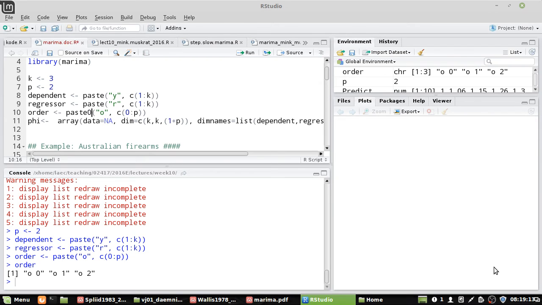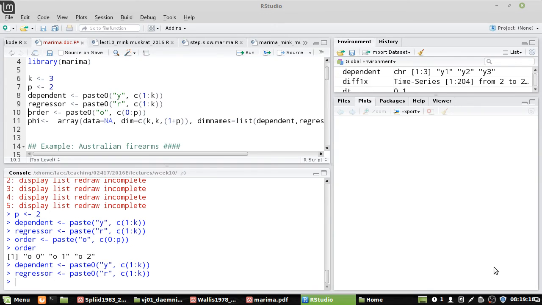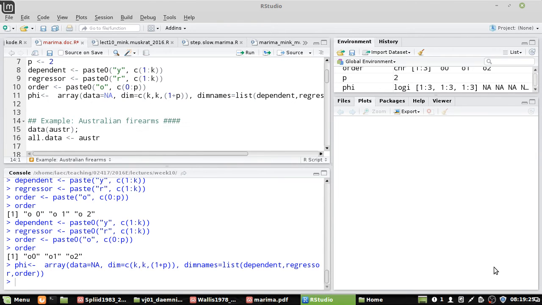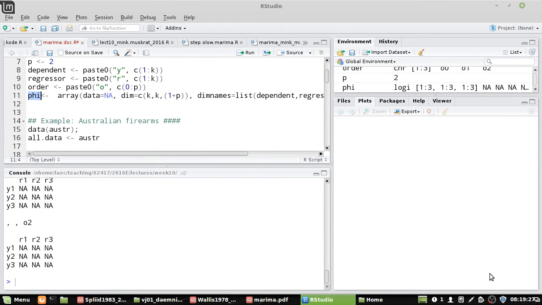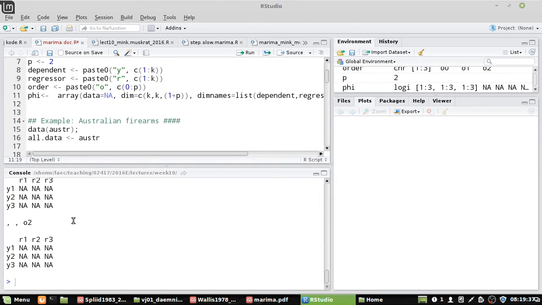It might be nicer if I add a 0 here so there's no space in between. That's the only difference. So this is the structure that we're looking at. Right now, I just fill in some NAs. So we have the identity matrix, the lag 1 coefficient and the lag 2 coefficient. I could have just put some random numbers in, but for now it's just to give you the structure that we have.